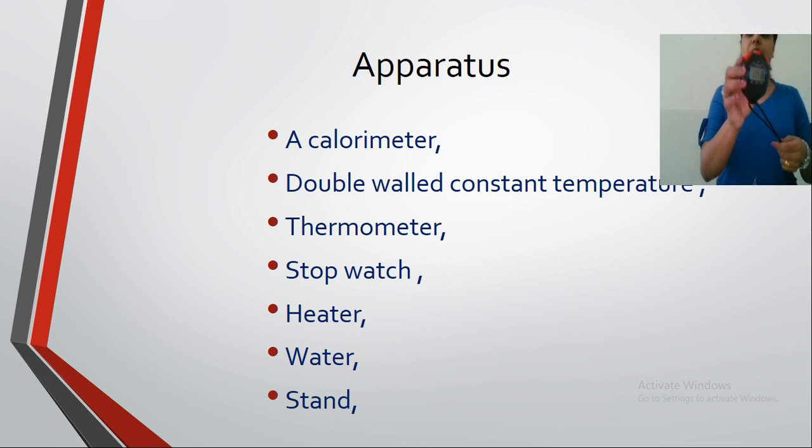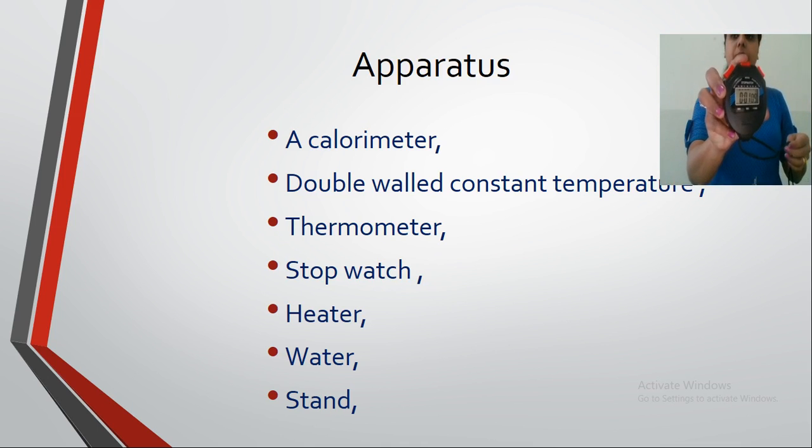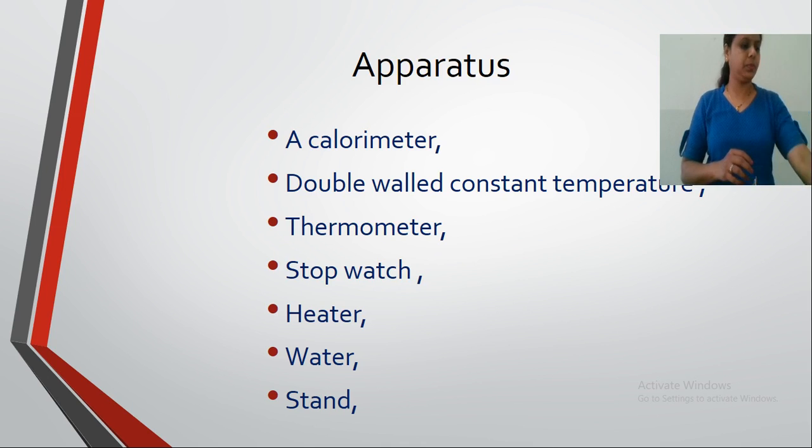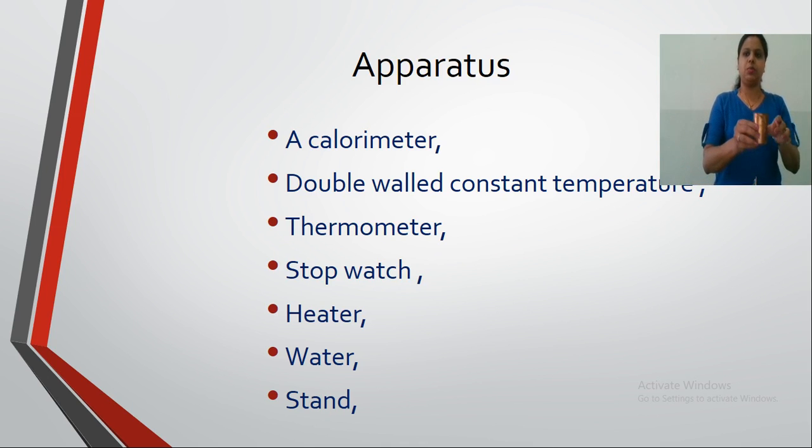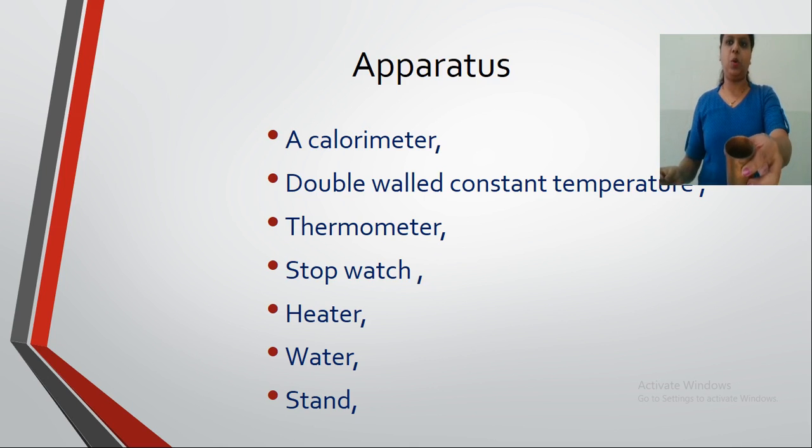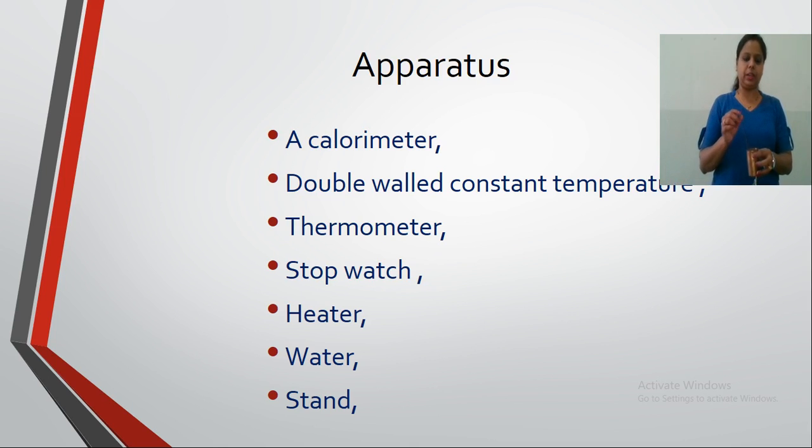Now we are using the digital stop clock, which we are going to use for the measurement of time. Now this is one beaker with stirrer. Inside that I have poured some liquid, and this liquid should be hot enough to take readings. Right now this water is cool, it is not hot. This is the stirrer used for stirring.